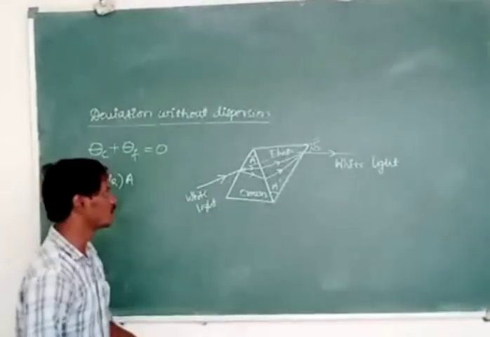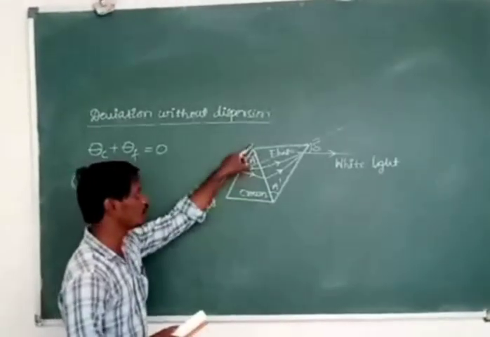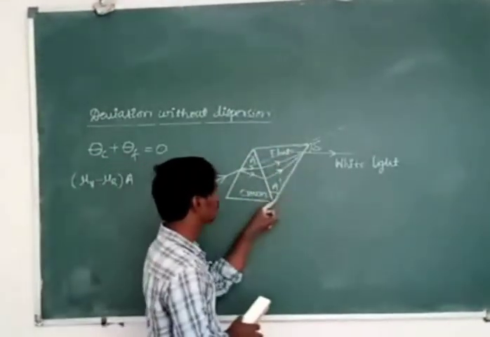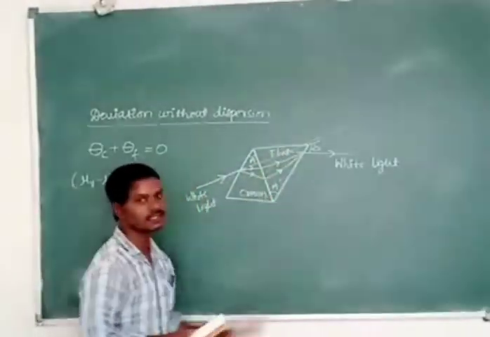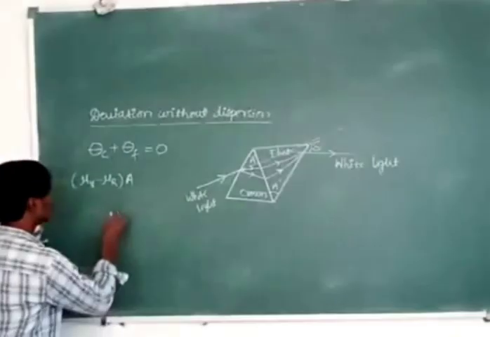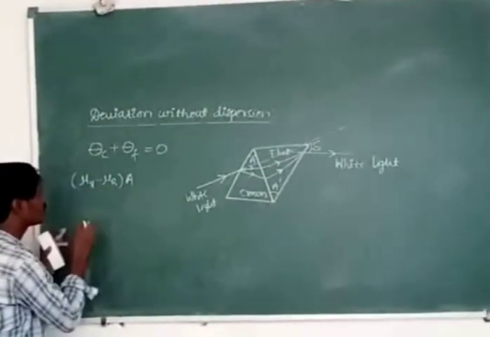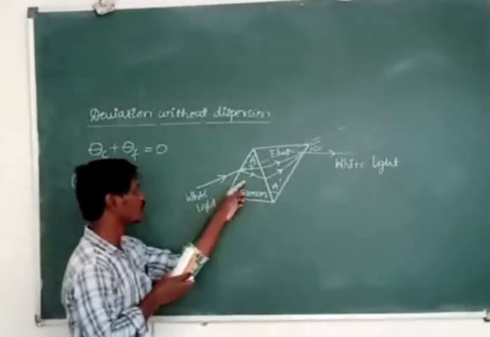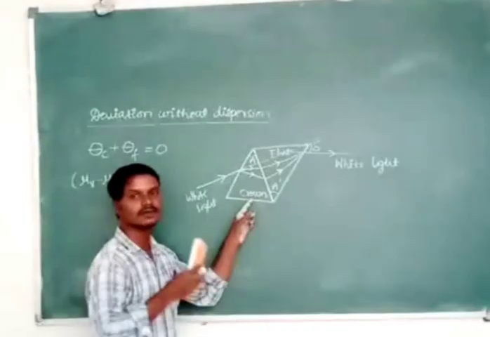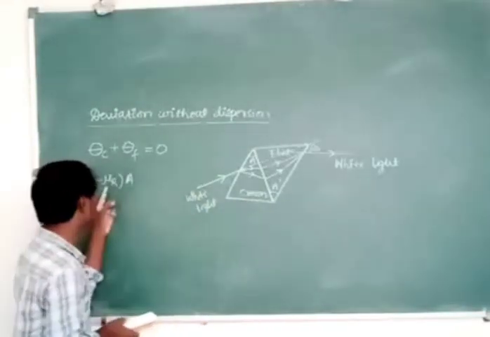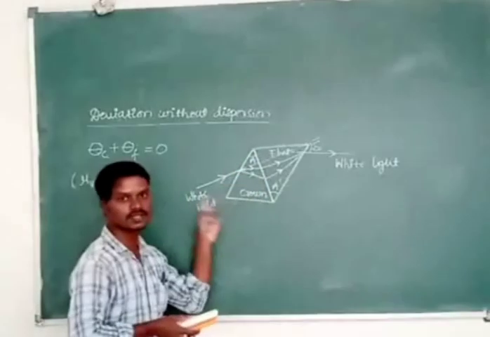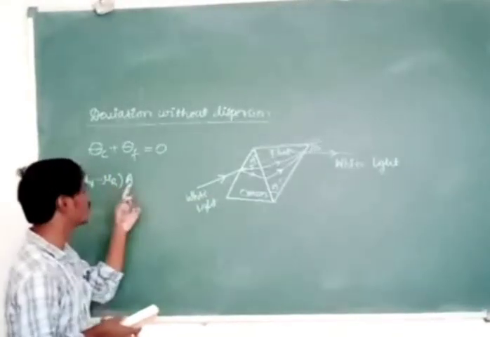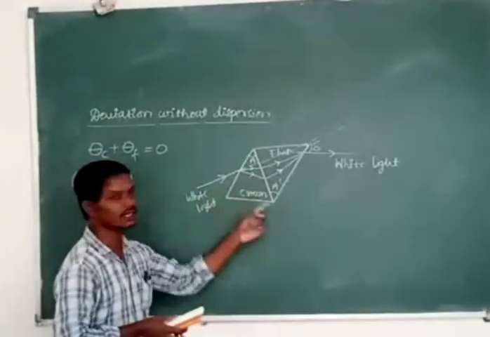The dispersive power of this prism is omega, and the dispersive power of the prism of flint glass is omega dash. Then what is mu v here? It is the refractive index of the crown glass prism for violet color. And what is mu r here? It is the refractive index of the crown glass prism for red color, and A is the angle of the prism of crown glass.